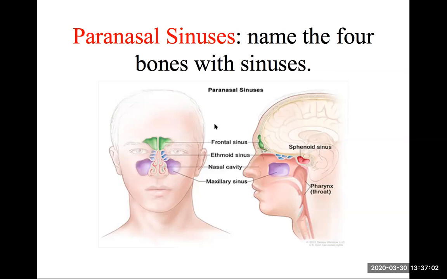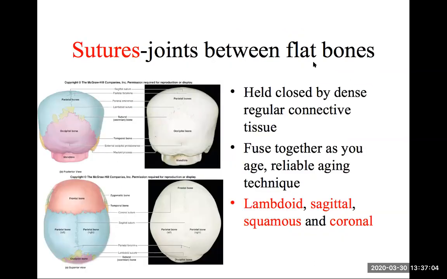Okay, sutures. Sutures are where one flat bone forms a joint with another flat bone. And between these pieces of bone will be a fairly thin layer of dense, regular connective tissue. As you age, these joints close and eventually disappear altogether.